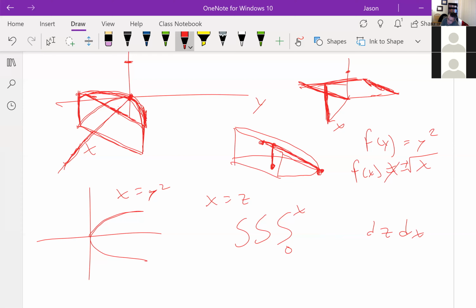I want it to be a function of y. And if I do a function of y, then that means my x's are going to go where?